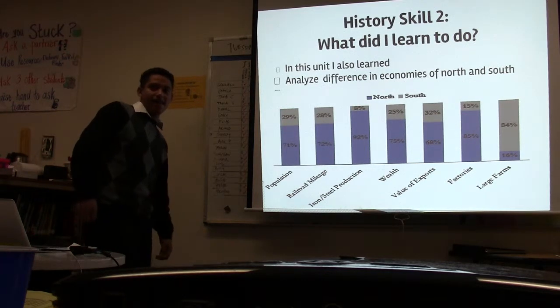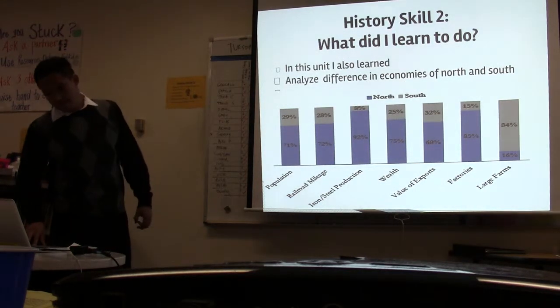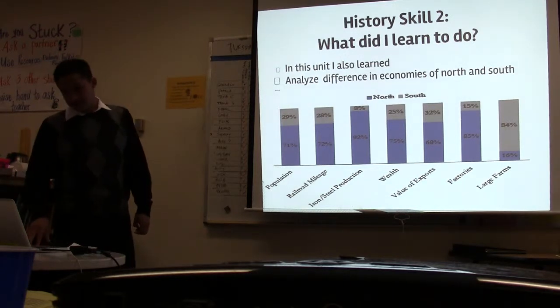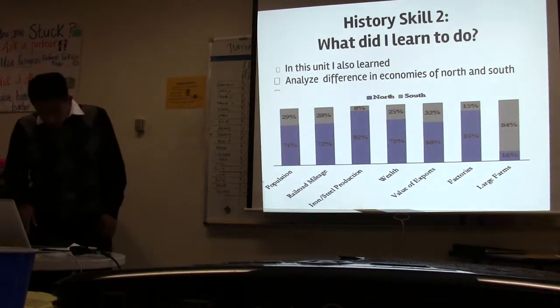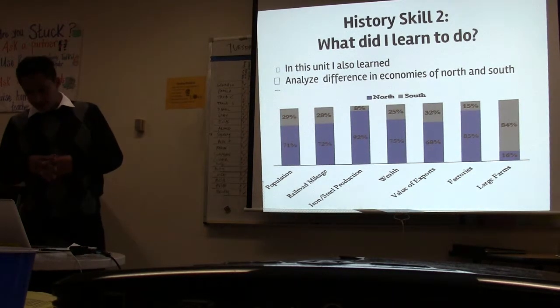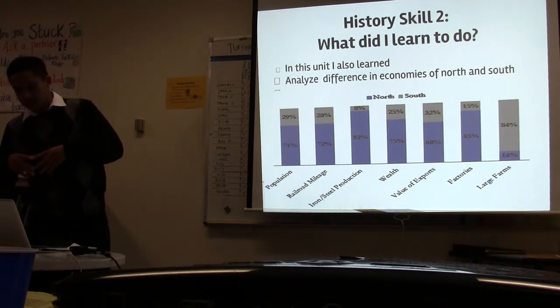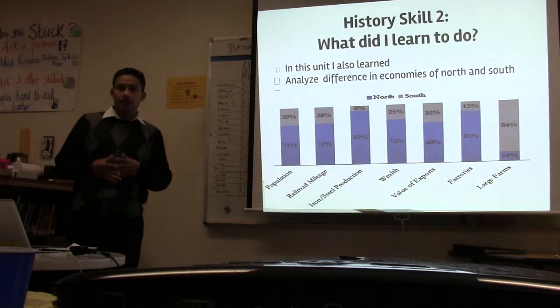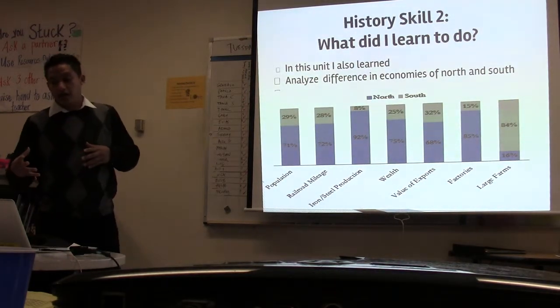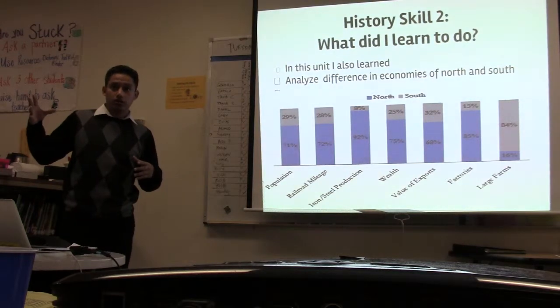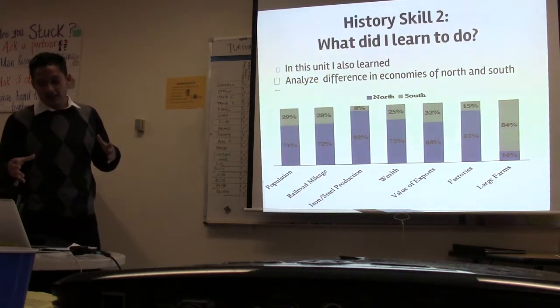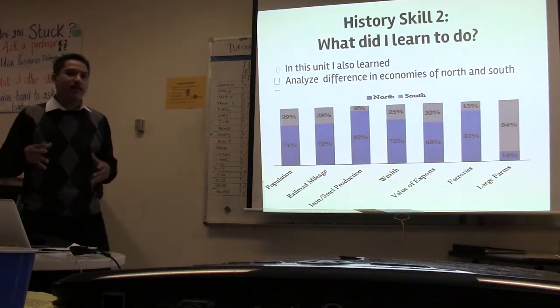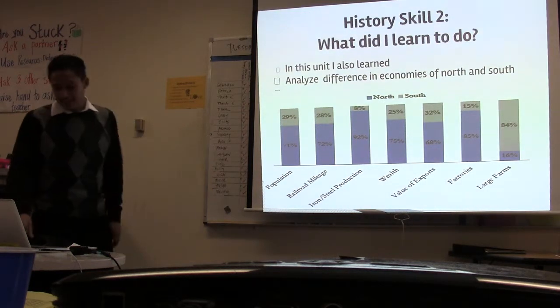Why is this important? It is important because it's the land, it's the work, it's the plantation, it's the slavery in the South. In the North, no plantation, something like that.